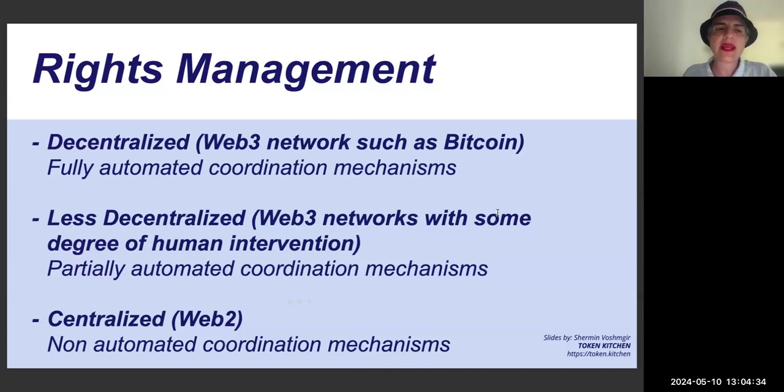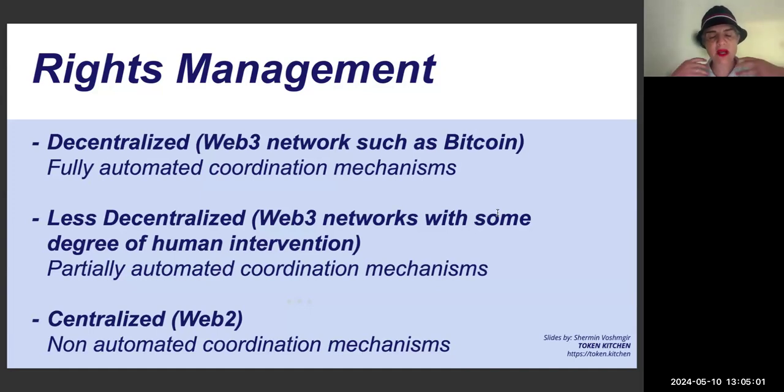Since Ethereum, because Ethereum made it easy to create decentralized organizations with a set of smart contracts with a few lines of code, we've seen the emergence of decentralized organizations or Web3 networks where there is a certain degree of human intervention. These were very often called DAOs.